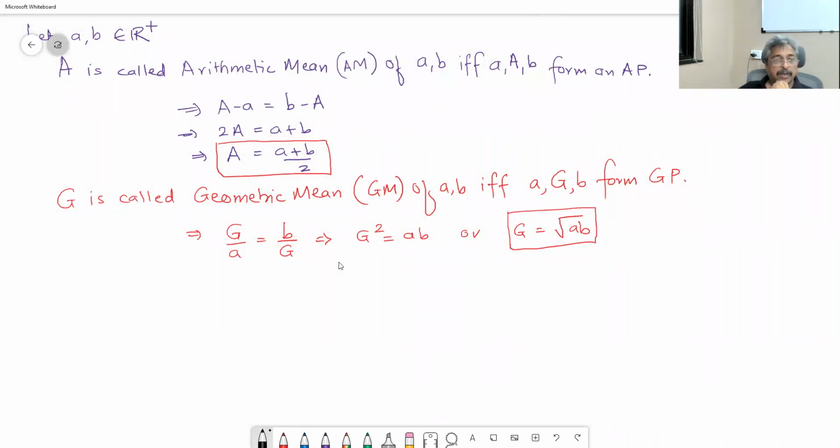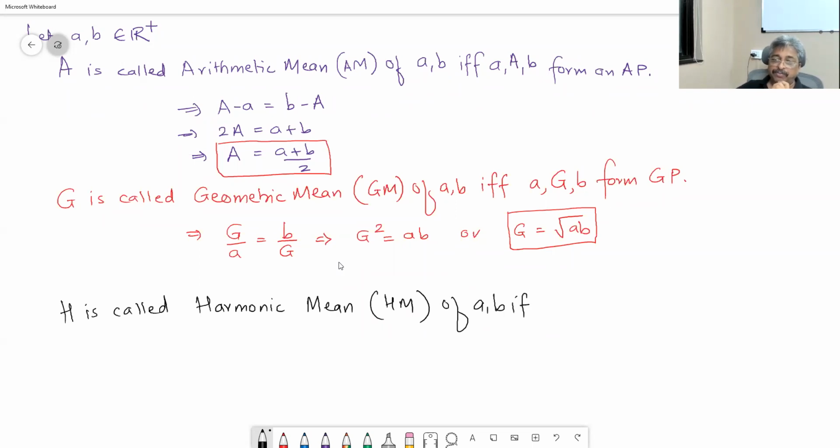Third one, H is called the harmonic mean of a, b if and only if 1 upon a, 1 upon H, 1 upon b are in AP.